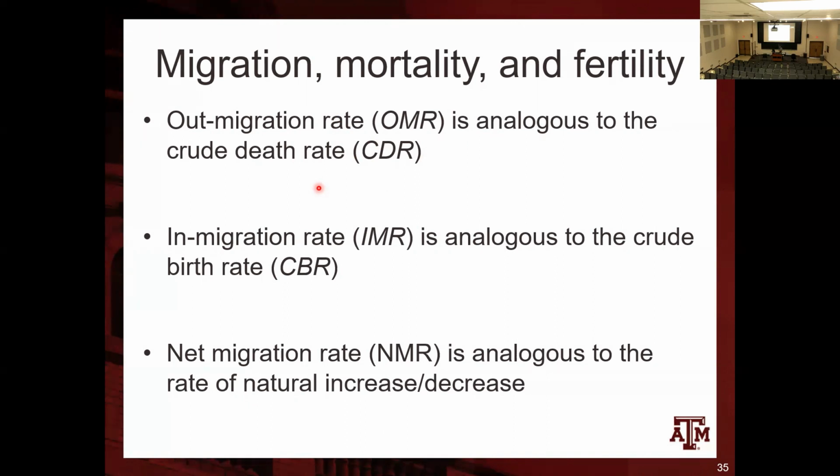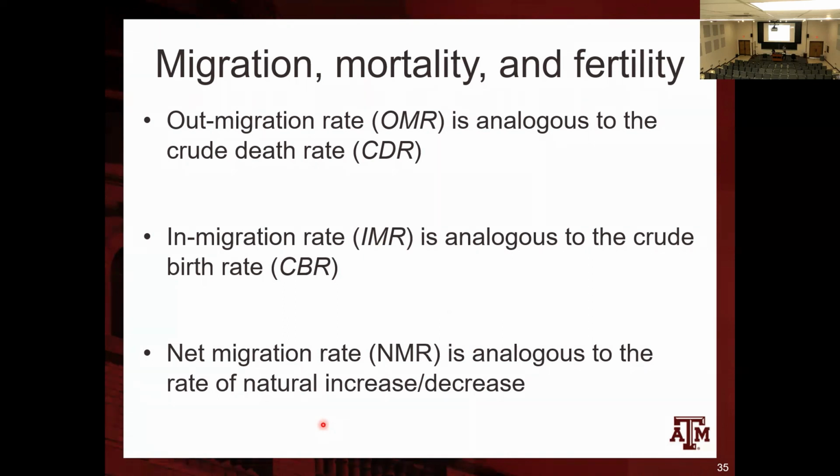The in-migration rate is analogous to the crude birth rate, the overall amount of people entering a specific population. If you're talking about internal migration, you're talking about people getting out of a specific area to other areas within the same country and getting in from other areas within the same country. And the net migration rate is analogous to the rate of natural increase and decrease, right?